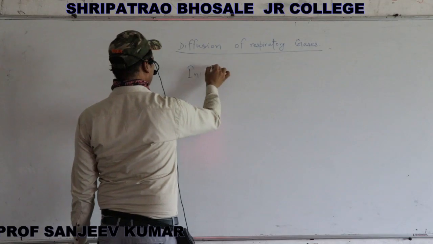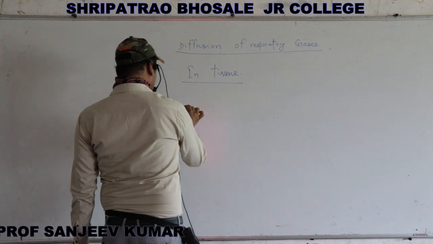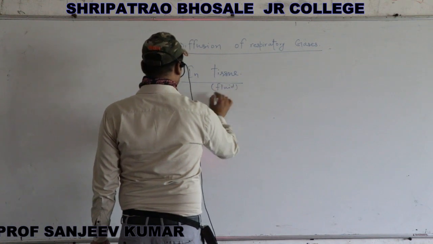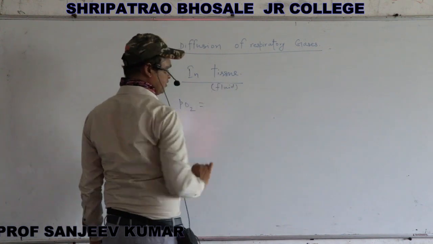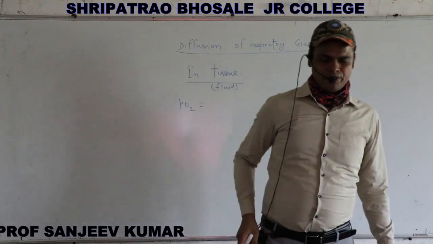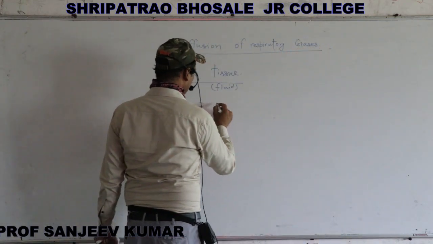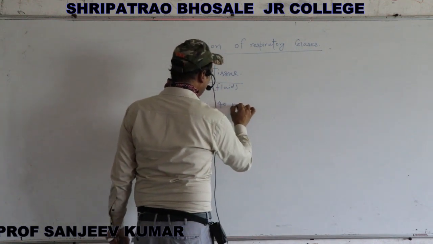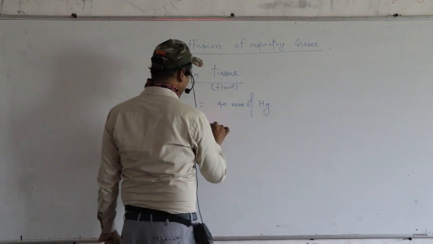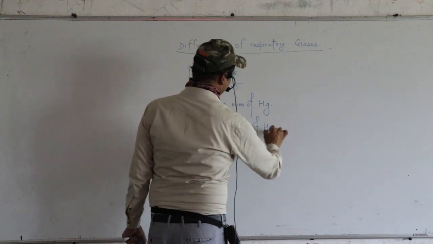In tissue fluid, the partial pressure of oxygen is approximately 40 mmHg, while the partial pressure of CO2 in tissue fluid is approximately 45 mmHg.